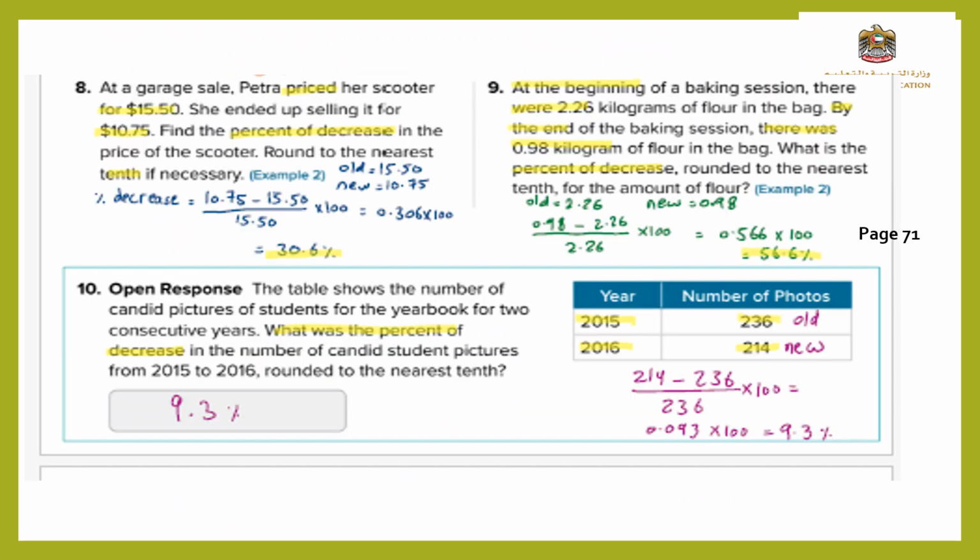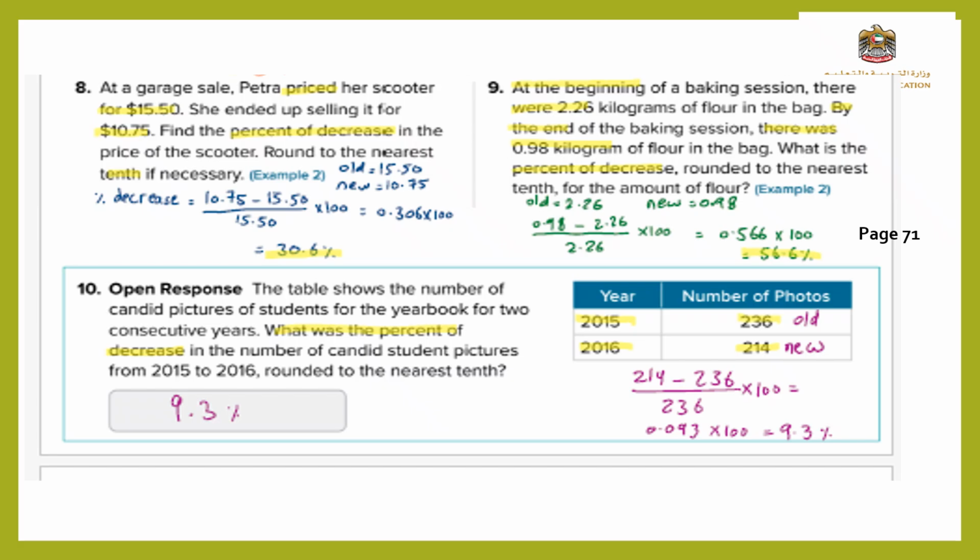See here, at a garage sale, Petra priced her scooter at 15.50. She ended up selling it for 10.75. So this is the expected price and this is the actual price. What you can do is subtract these two. Old one is 15.50, new one is 10.75. Subtract both. This is decreasing because 15.50 decreased to 10.75.